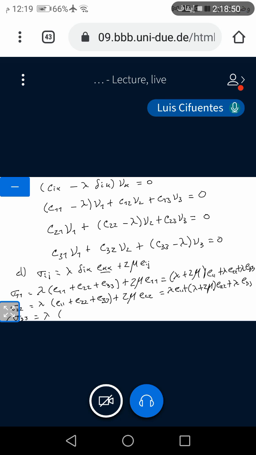So for the diagonal of this tensor, we have lambda e11 plus lambda e22 plus lambda plus 2 nu e33.